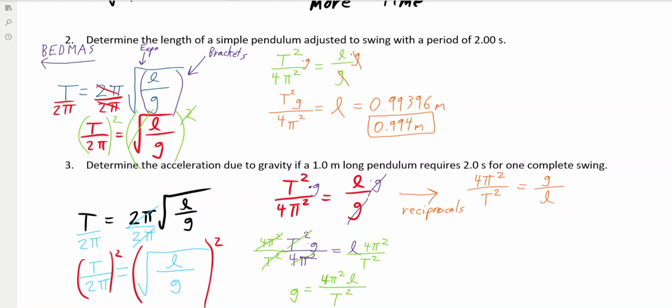And then you solve for G by multiplying by L on both sides, and this cancels, and so we're left with G. And then on this side we have 4 pi squared L and then T squared. Most people find the reciprocal faster and easier, but I just don't want you to make a mistake, so I want to show both methods.